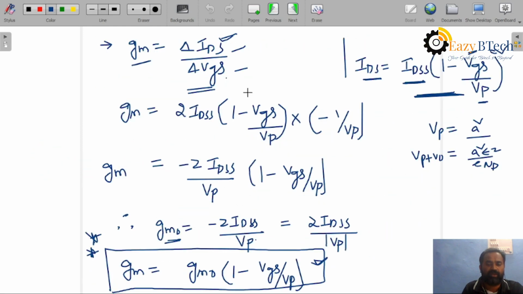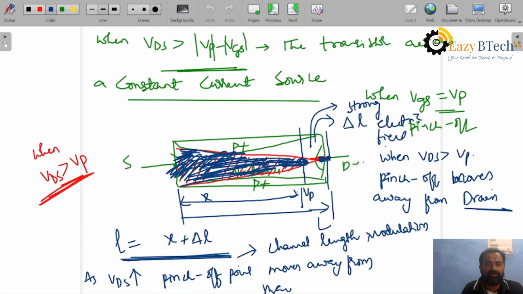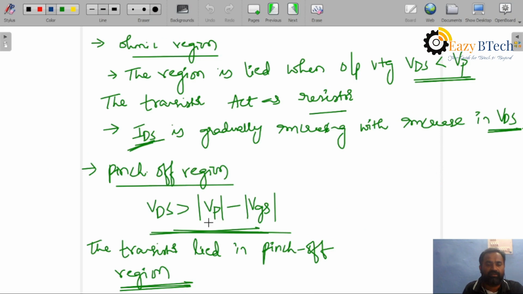And these two parameters are important. When VGS is greater than VP, the transistor operates in the pinch off region. When VDS is less than VP, the transistor operates in the ohmic region.